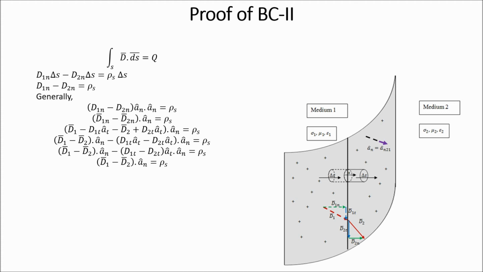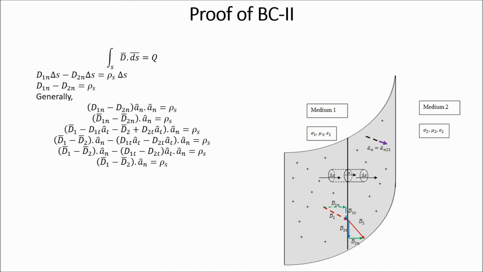To apply these boundary conditions, I take a cylindrical surface like this, having cross-sectional area delta S, with half of the cylinder inside medium 1 and the other half in medium 2. an is the normal vector, perpendicular to the interface, directed from medium 1 to medium 2.